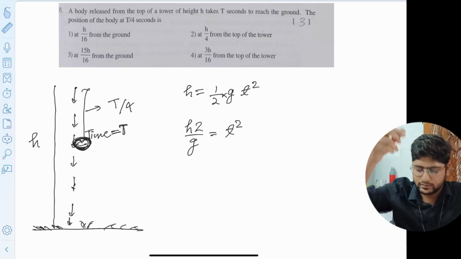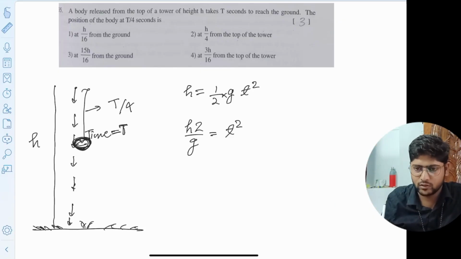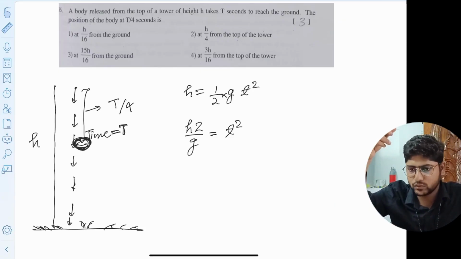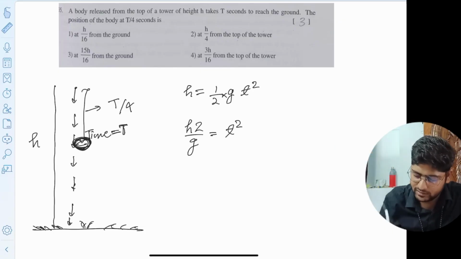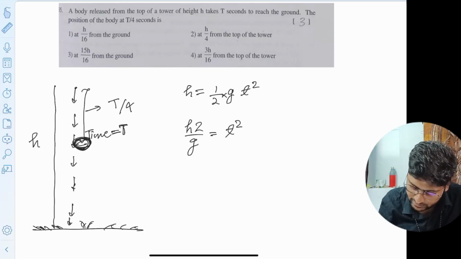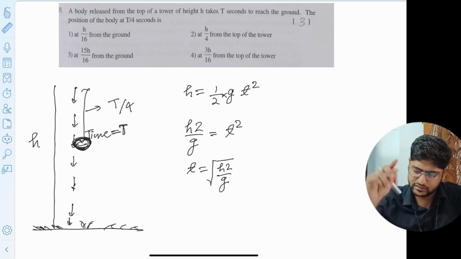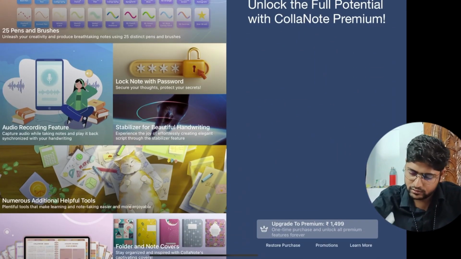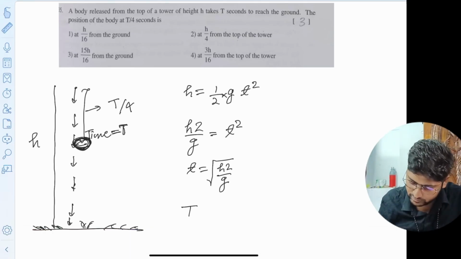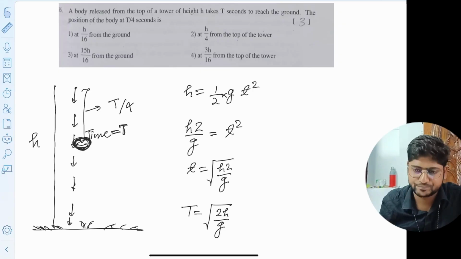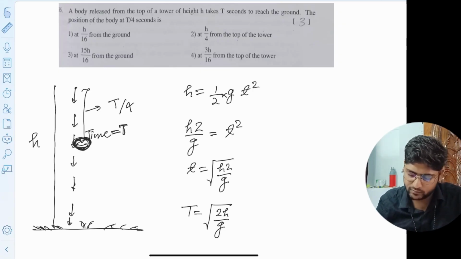If it falls height h with acceleration due to gravity g, the time will be t equals square root of 2h by g, and that is the given capital time T. This is the total time, and we have to calculate how much it will go in time T by 4.